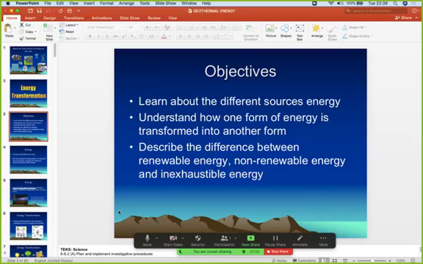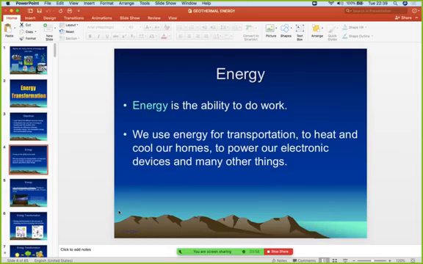And next, what is energy? We basically know that it's the ability to do work. When energy is transformed, with some kind of work in the process, it may convert into power.